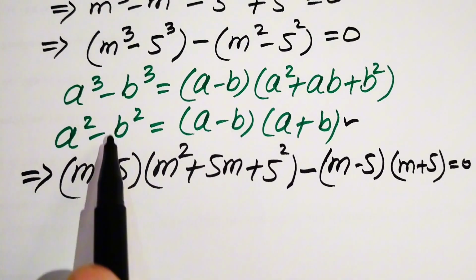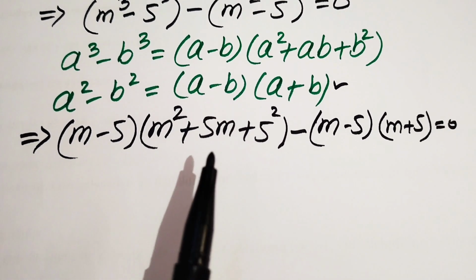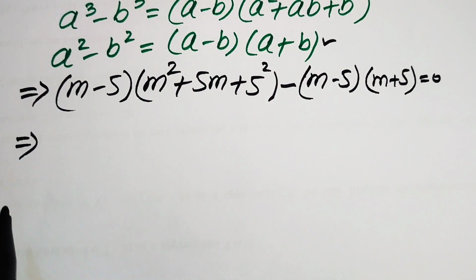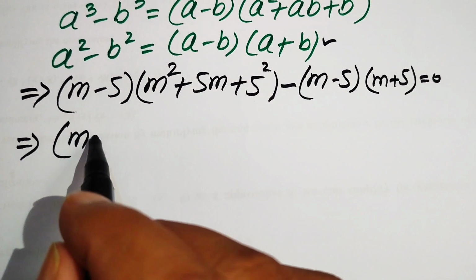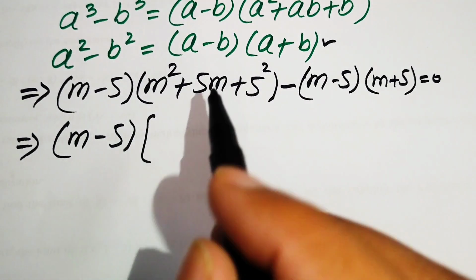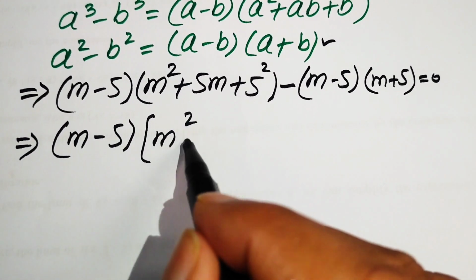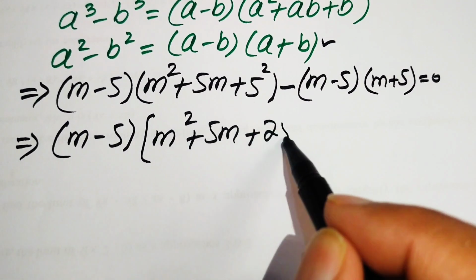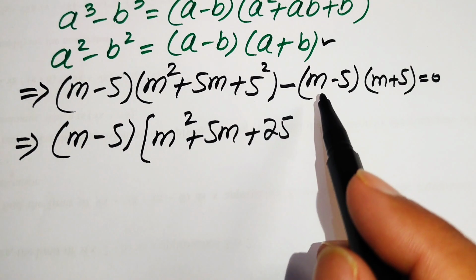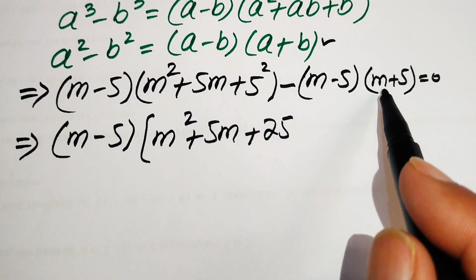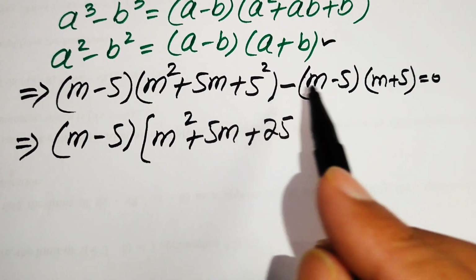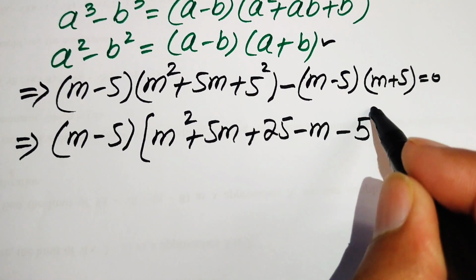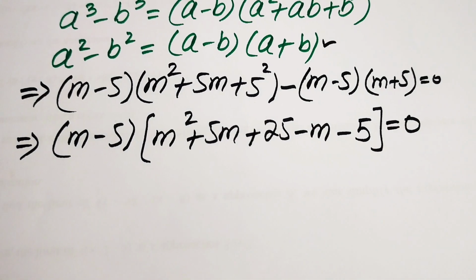Here we see that m minus 5 is a common factor, so we take common m minus 5, and the remaining terms are m squared plus 5m plus 25. From the second part we take common m minus 5, and the remaining term is m plus 5, and we multiply the minus sign on it, so it is written as minus m minus 5 equals 0.